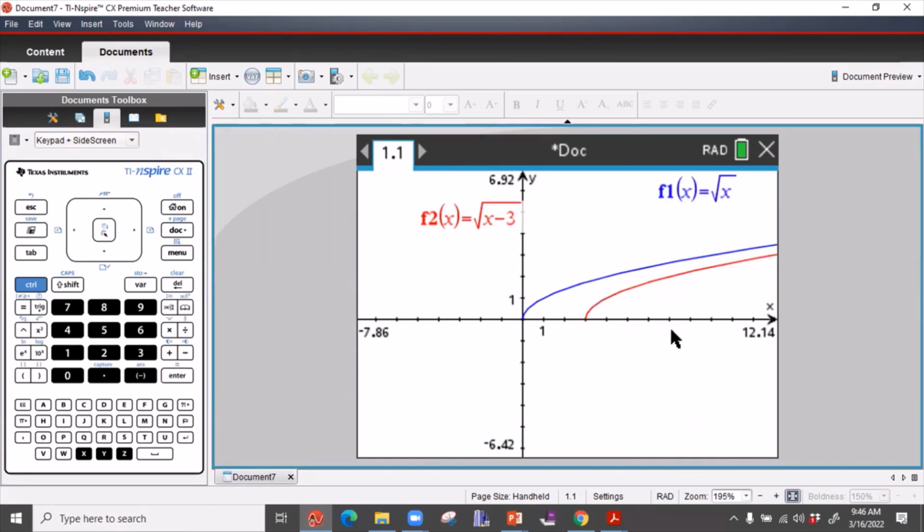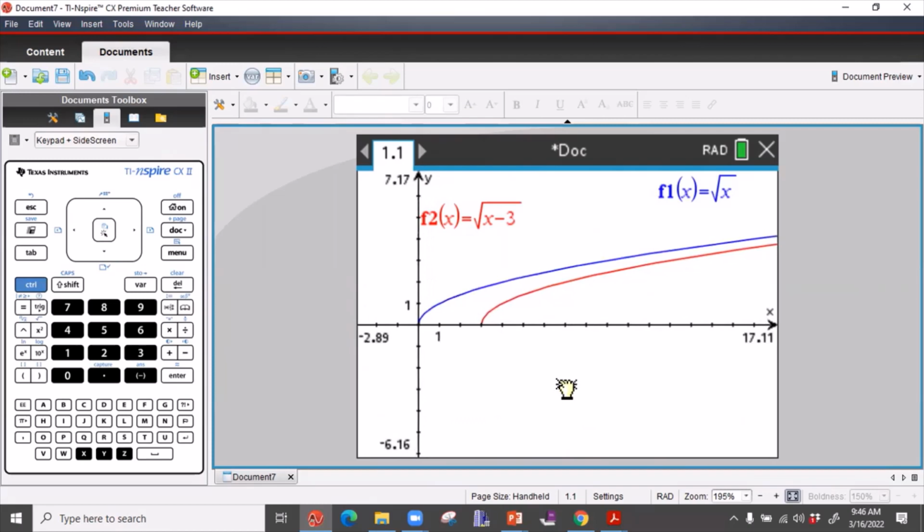Yes. And for this one, do I have a y-intercept? No, I never crossed the y-axis. So therefore I have no y-intercept, but I do have a special x-intercept right here. And that's at 3, 0. So this is where my domain begins. Did my range change?